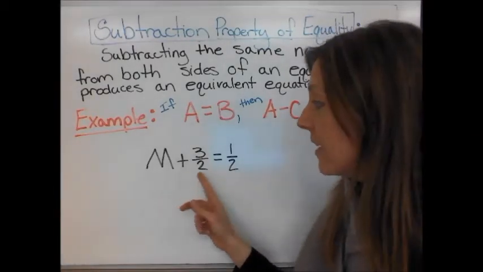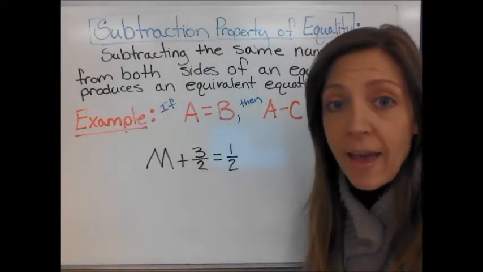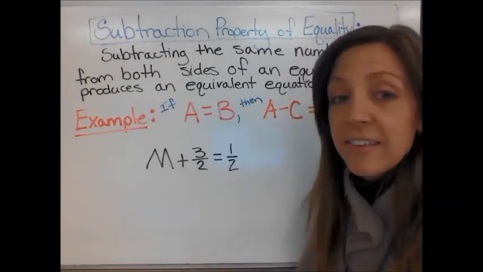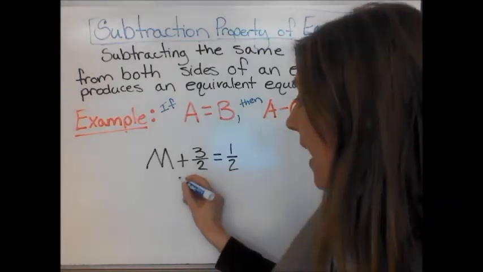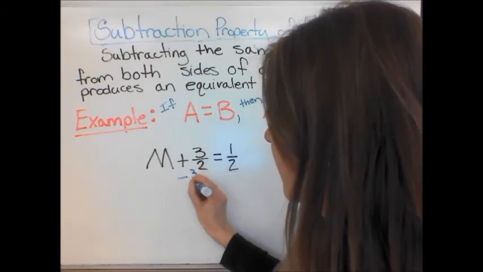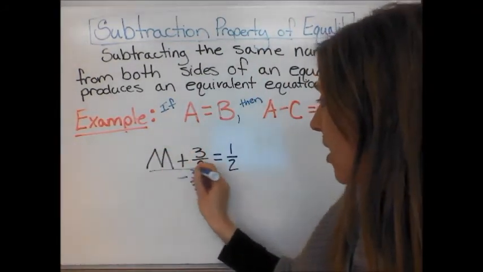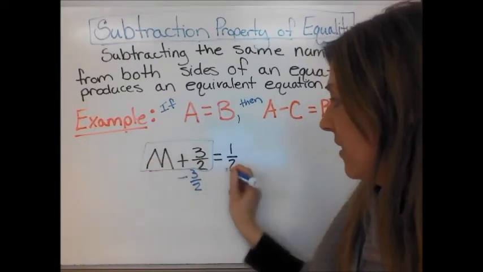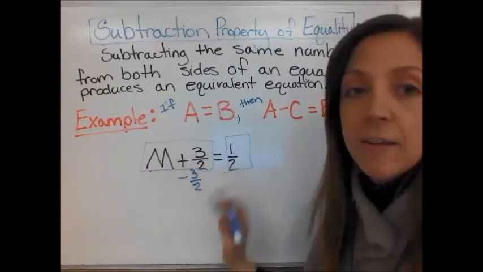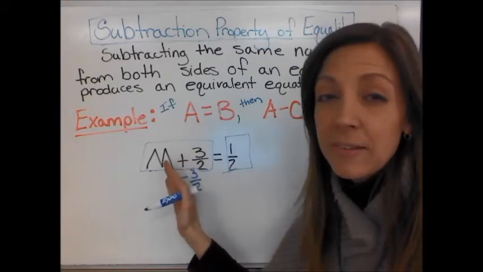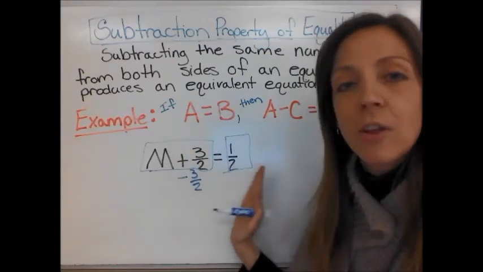All right, if m plus 3/2 is equal to 1/2, then if I subtract 3/2 from the left side of my equation, and I like to always pay close attention to the left and the right side of my equation because this is like the left side of my seesaw and this is the right side of my seesaw and they're equal.